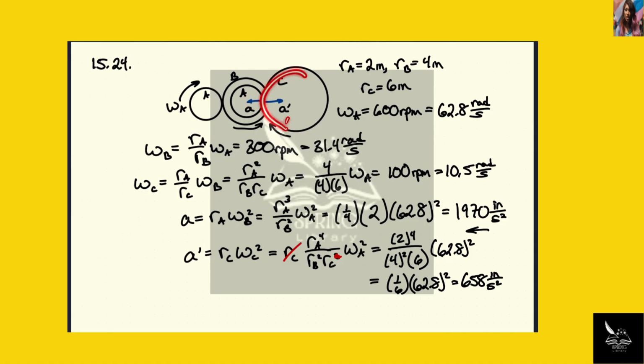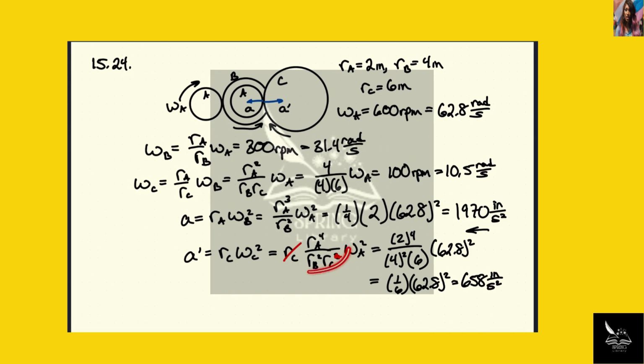Now for this one, we have RC, the distance from the rotation axis to the point, times the angular velocity of this pulley squared. Again, we can use this expression here, plug that in, and then we get some cancellations.